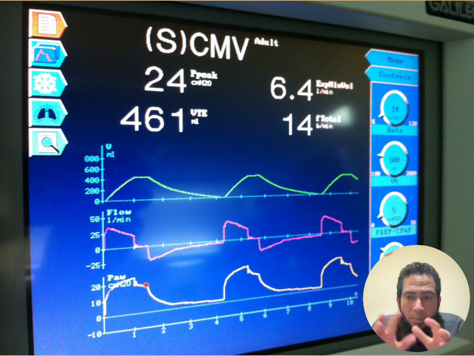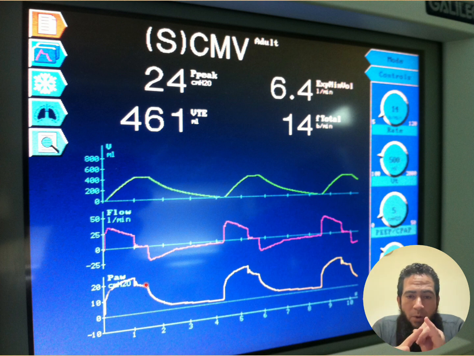So just to sum up what we discussed today. We discussed what ventilation is, and that ventilation is air movement generated by pressure change. And we talked about pressure controlled ventilation and volume controlled ventilation, and we spoke about the different types of breath that can happen during interaction between a patient and the machine.